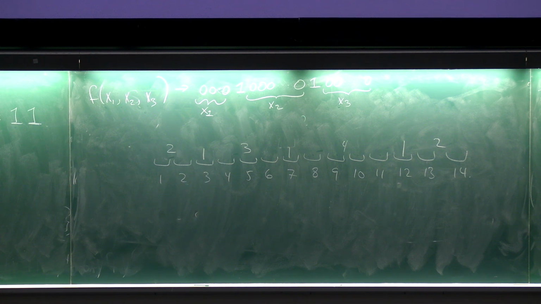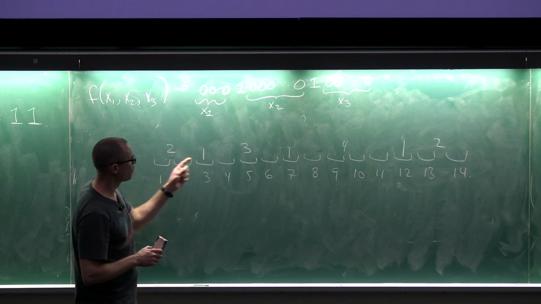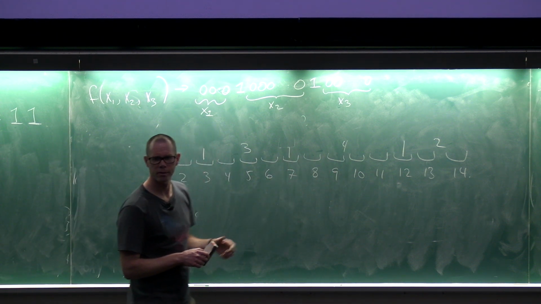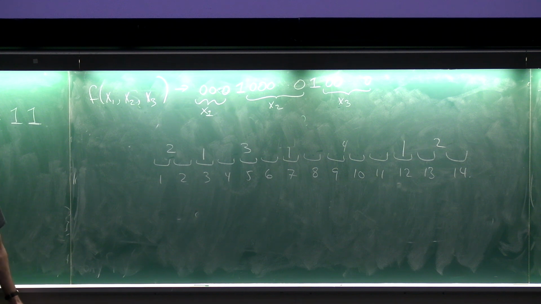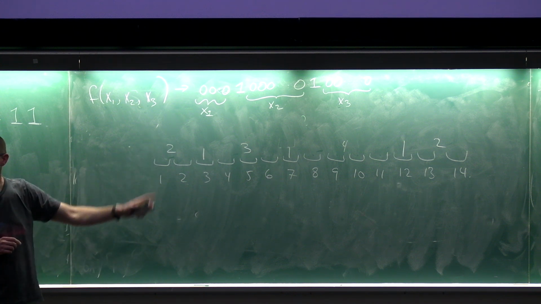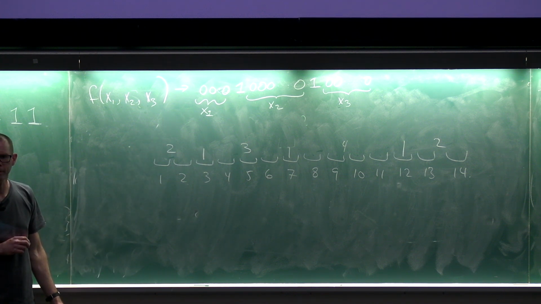What does that add up to? 11. What do the first 3 intervals add up to? They add up to 9. And in general, what can you tell me about what those first 3 intervals add up to? Not more than 11.